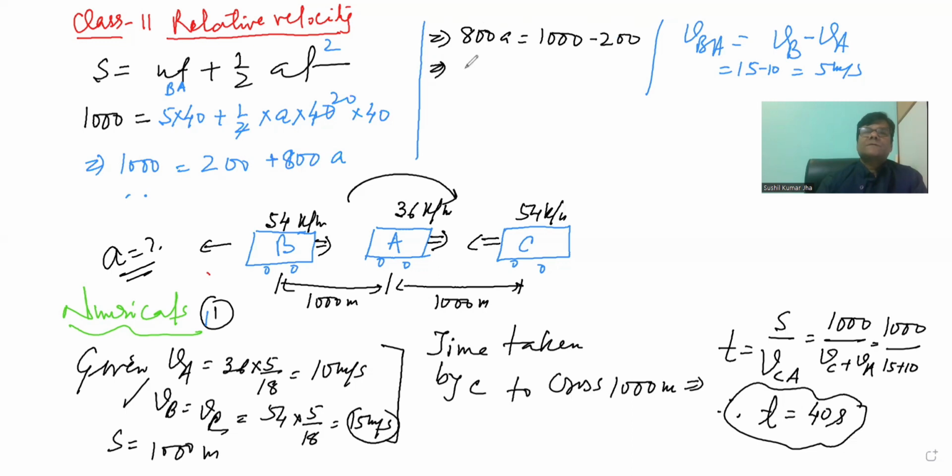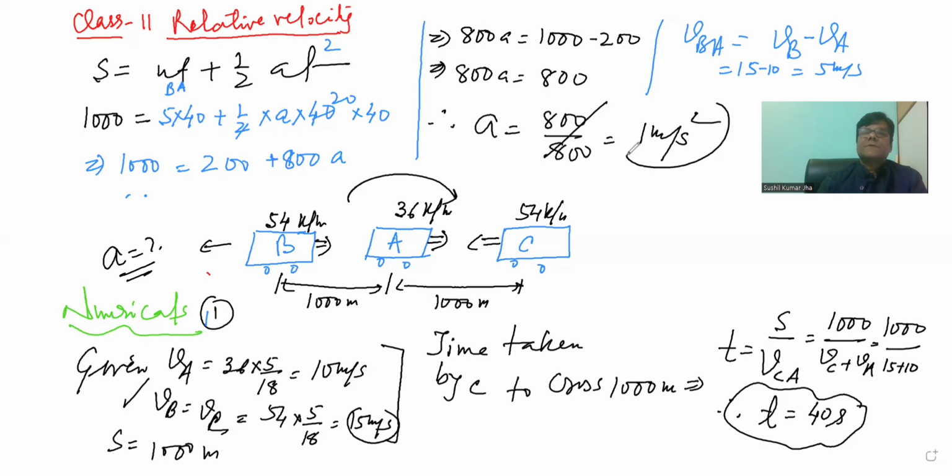So it will give us 800 value. And therefore, A becomes 800 upon 800. And thus we get the value which is 1 meter per second square. So the acceleration of the car B must be 1 meter per second square.